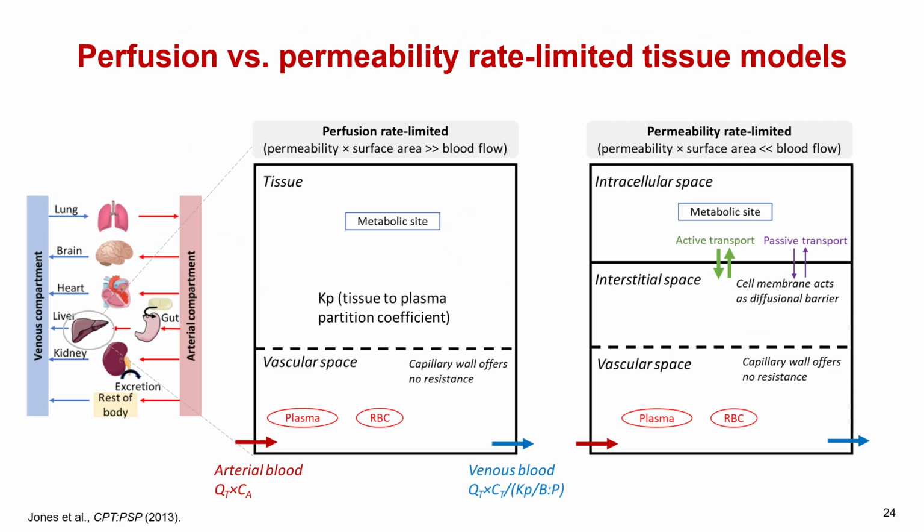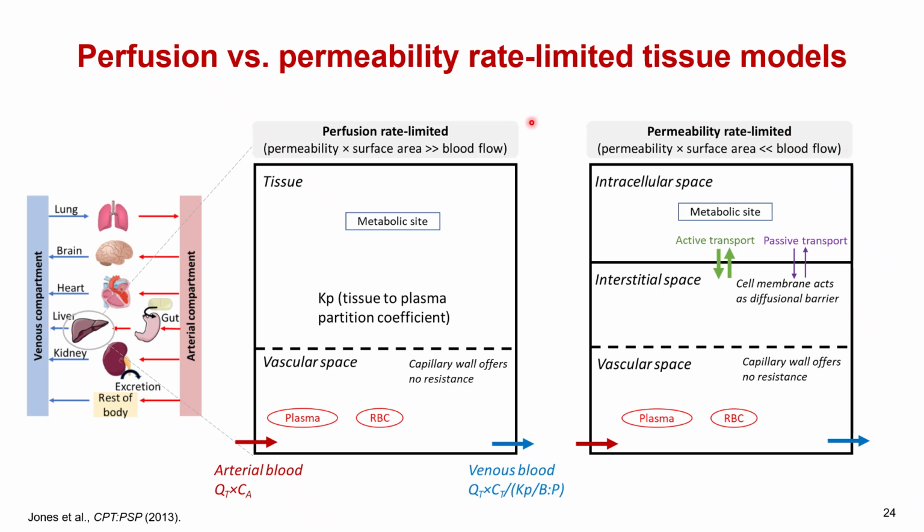Among the tissue models, there is an option to decide whether a tissue is a perfusion or permeability rate limited model. In general, the perfusion rate limited tissue model is when the permeability surface area product of a drug is way higher than the organ blood flow. And the permeability rate limited model means that the permeability surface area product is much lower than the organ blood flow.